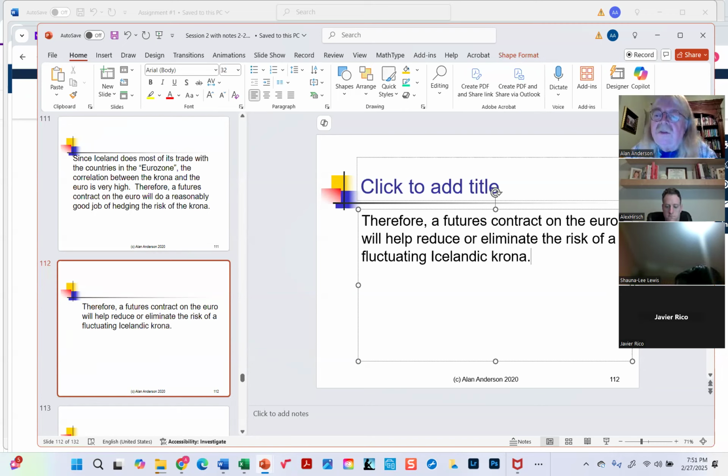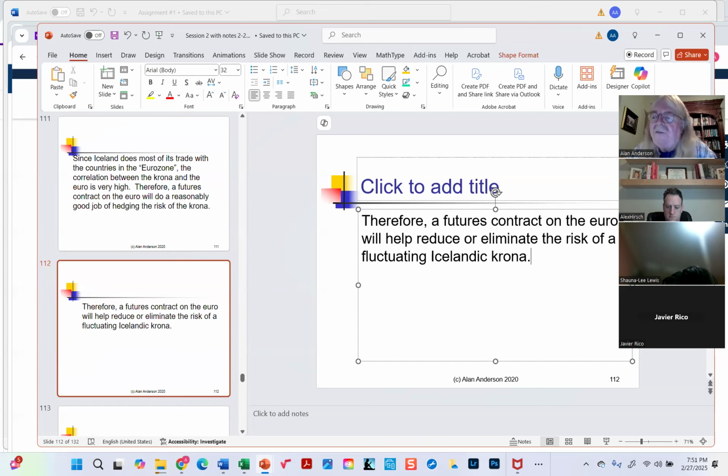Does that make sense? In other words, because Iceland and the Eurozone members are so closely related to each other, if I hedge the euro instead of the Icelandic krona, I'll end up with roughly the same thing. So if the euro is going up 10%, the Icelandic krona might also go up 10% and vice versa because of the high correlation between them.